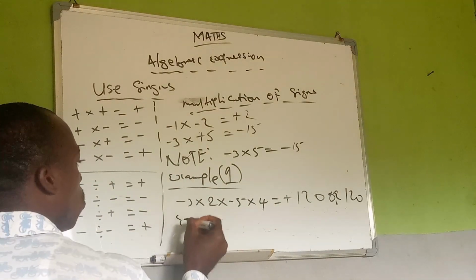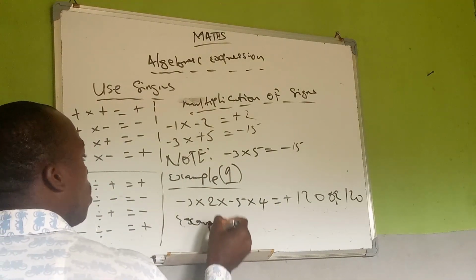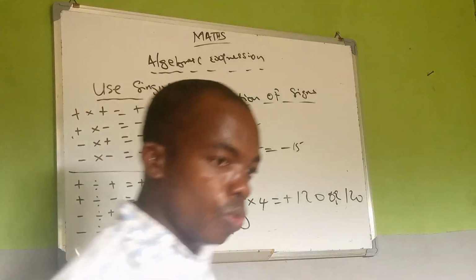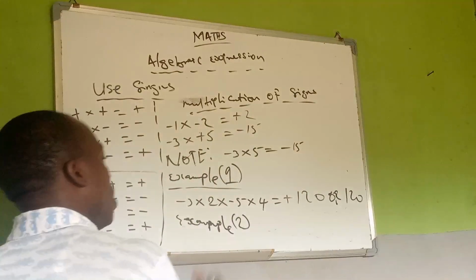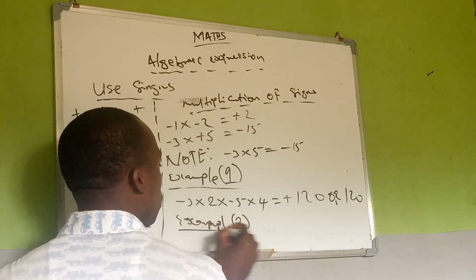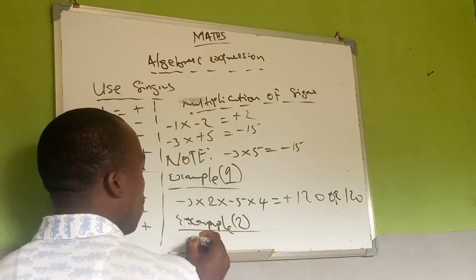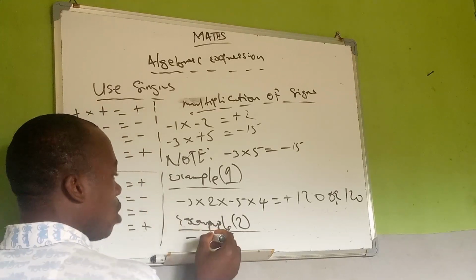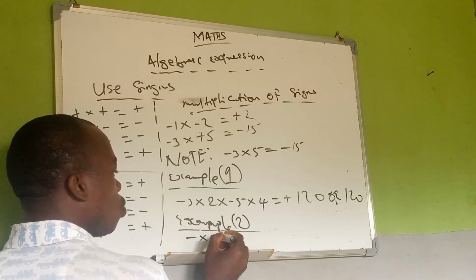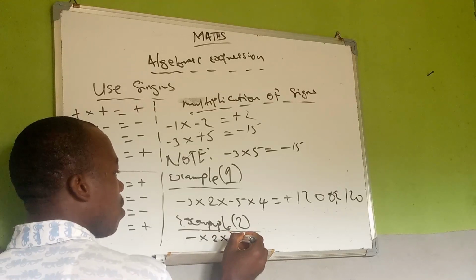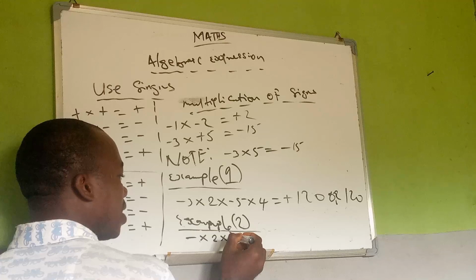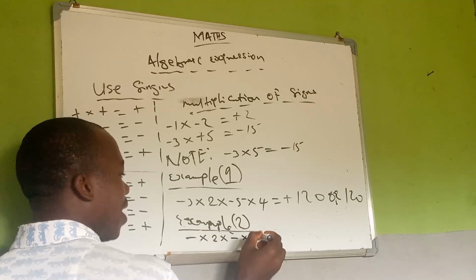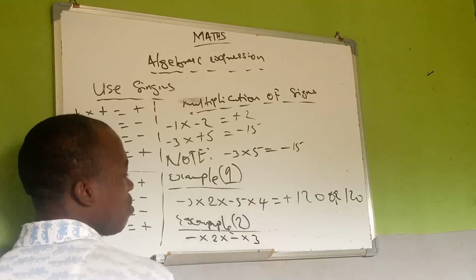Let's look at another example, example 2. If we have minus times 2 times minus times 3.